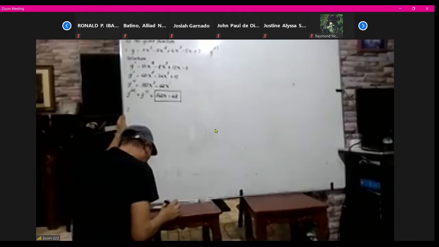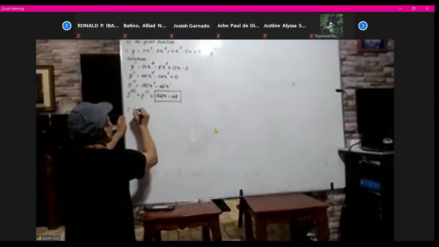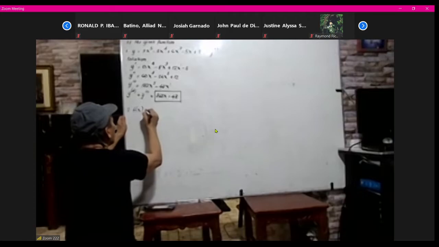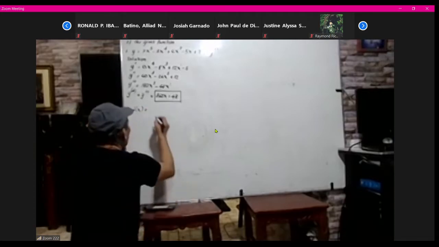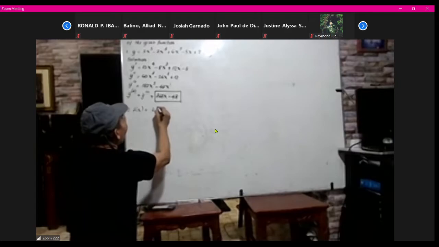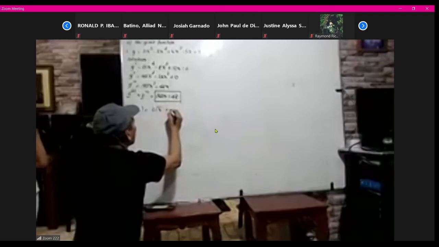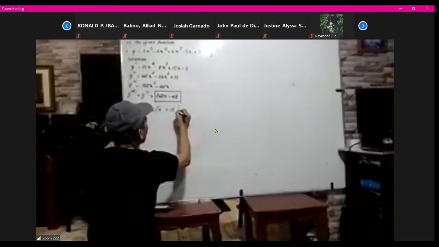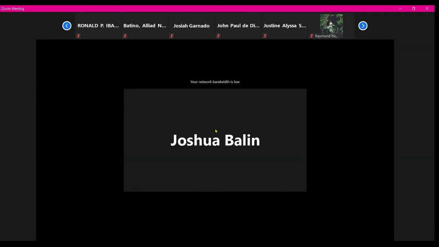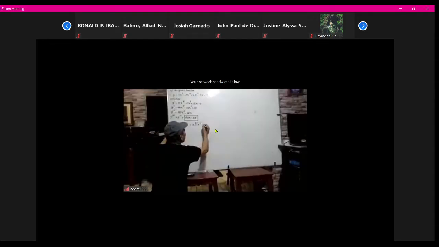So, number 2, we have the function of x equals to square root of x and plus 15 fifth root of x squared and minus 4 all over fourth root of x cubed.